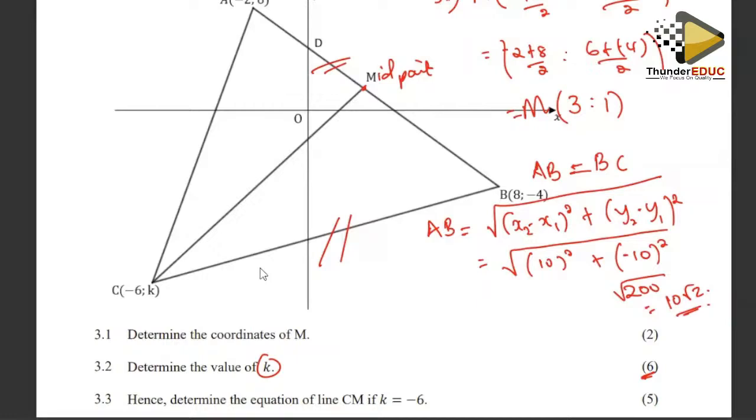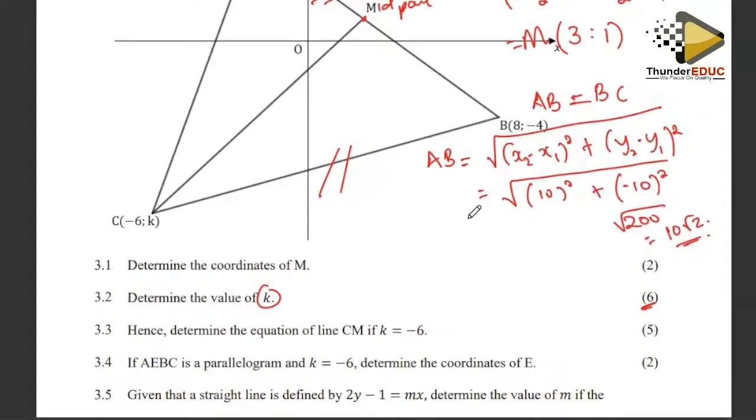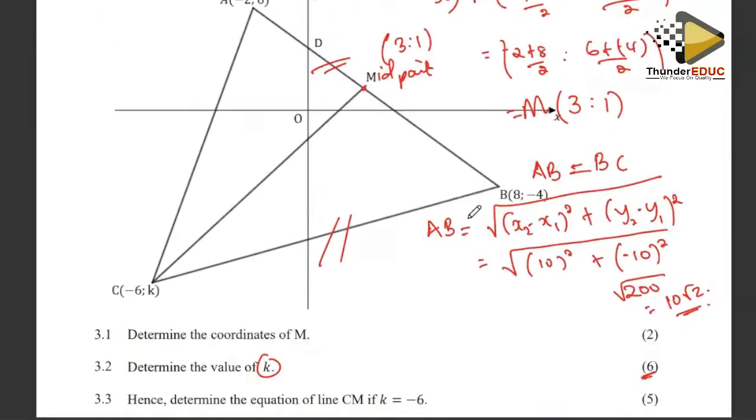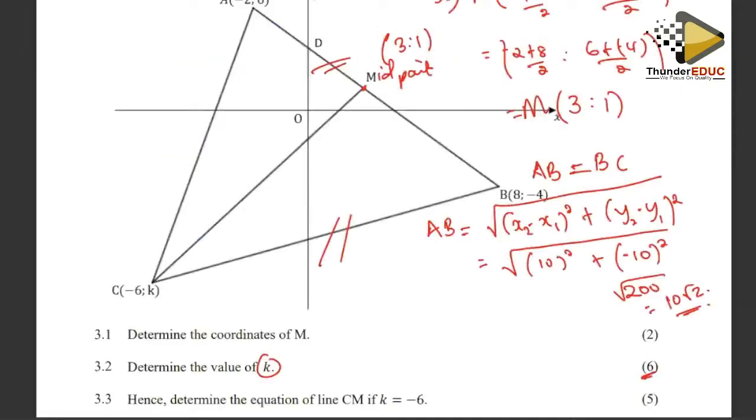Then we're going to equate this to the distance, since we already have our coordinates as 3, 1. Why don't I just write it on this other side? So we're saying that M is 3, 1, and then this point is -6, K. Is that a C? Perfect. So we're saying that MC, but it's not MC. We're focusing on BC.